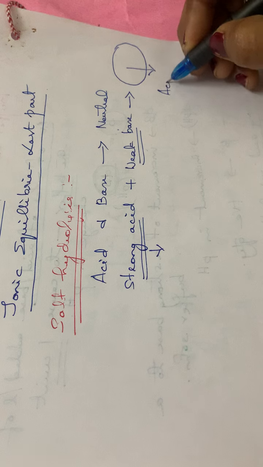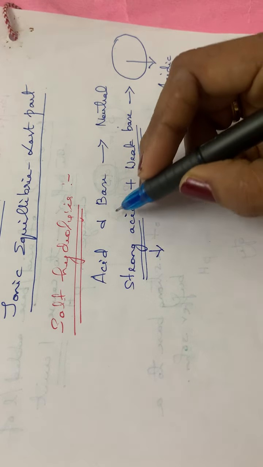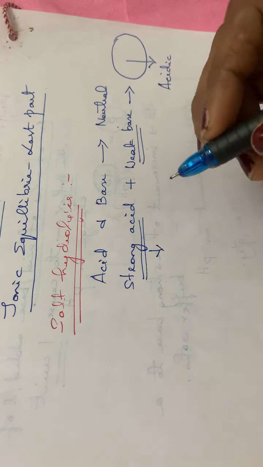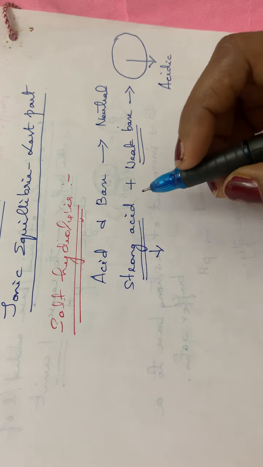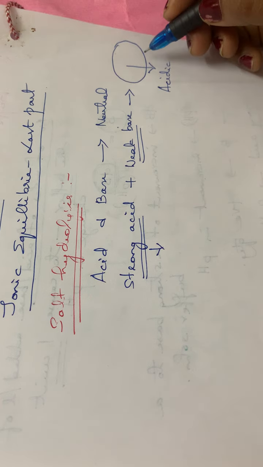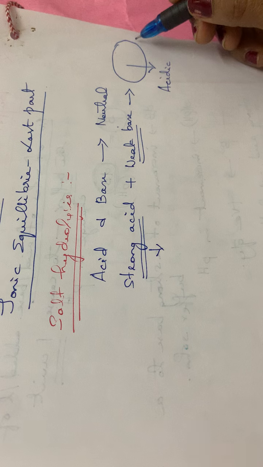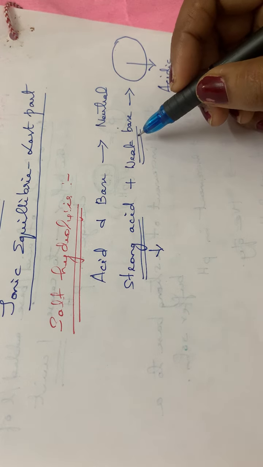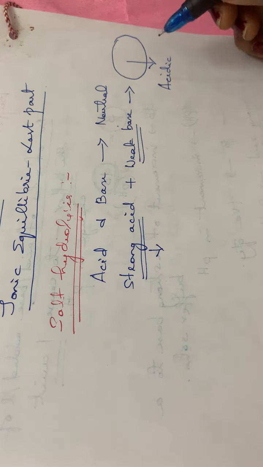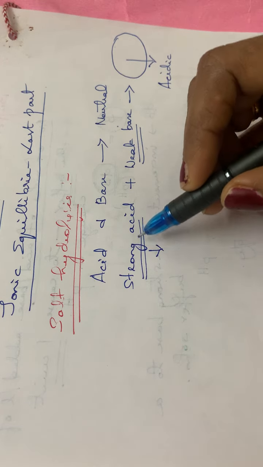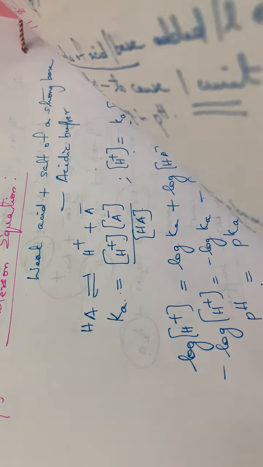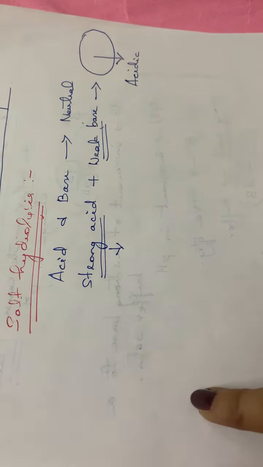It will be an acidic solution, because the ions from the completely ionized acid will remain in the solution, while the weak basic ions will be completely neutralized. So when we mix a strong acid with a weak base, the resulting solution will be acidic.